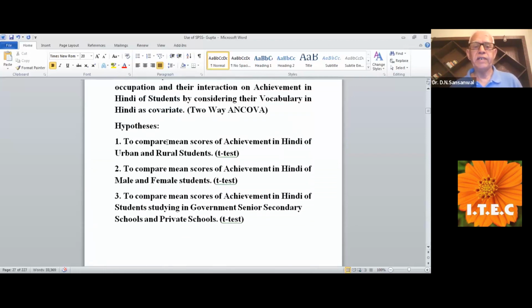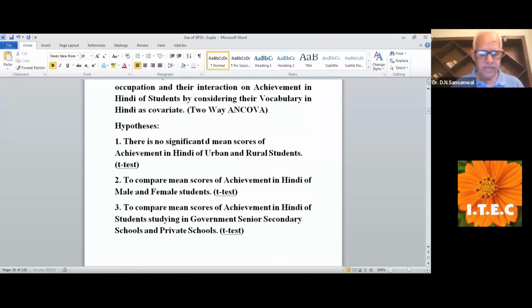This will be, there is no significant difference in mean scores of achievement in Hindi of urban and rural students.